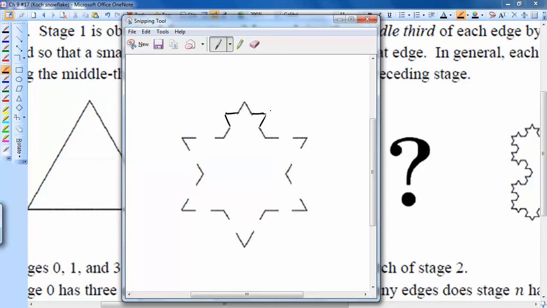Each one is one third the length of what the side was before. Whoops, that wasn't good. This way. That way. This way. There we go. Alright, and there's my picture of stage 2.